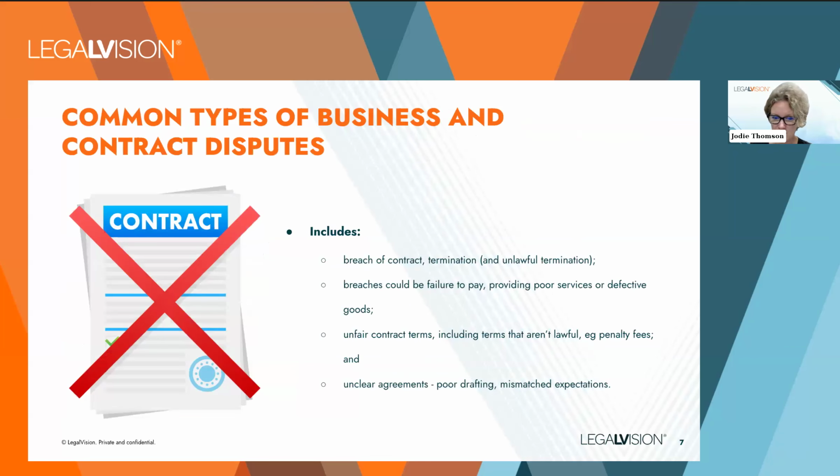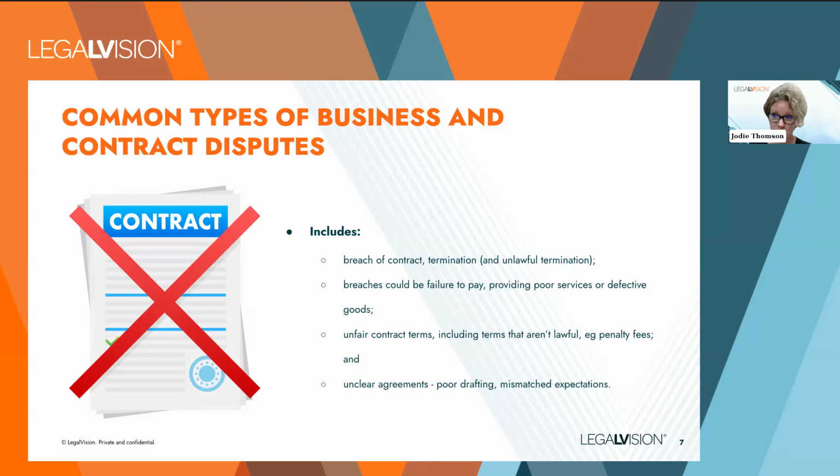Some of the common types of business and contract disputes include where one party has breached a contract or what they're supposed to be doing in terms of the contract. As I said, might be failing to pay. It might be providing poor services or defective goods.